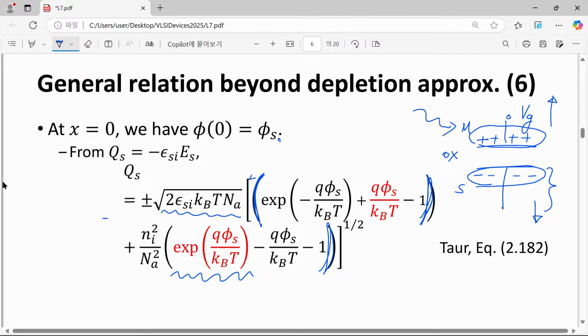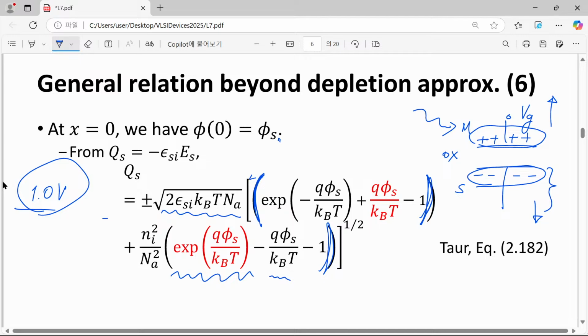You know, this is just a linear function of our surface potential, and the surface potential can be at most 1 volt or slightly higher. This is the maximum for our surface potential.